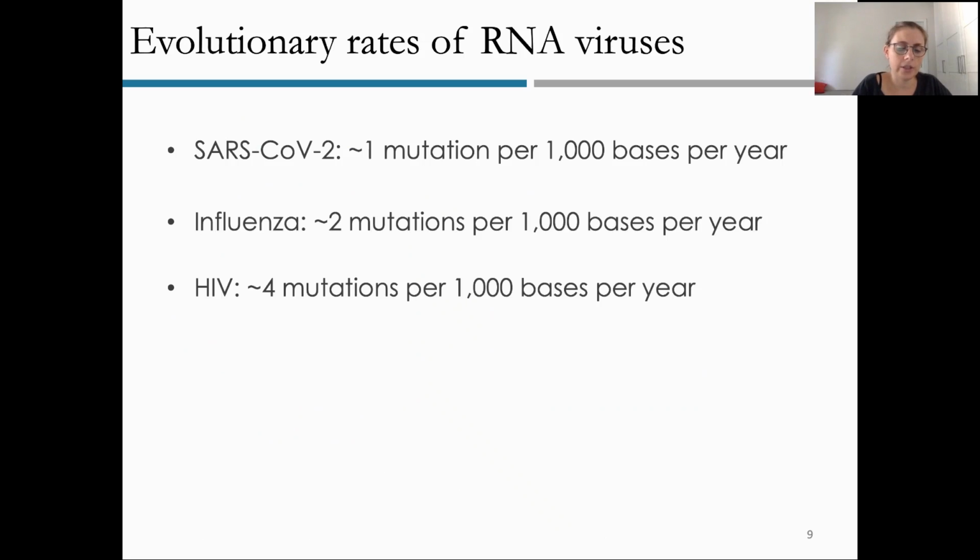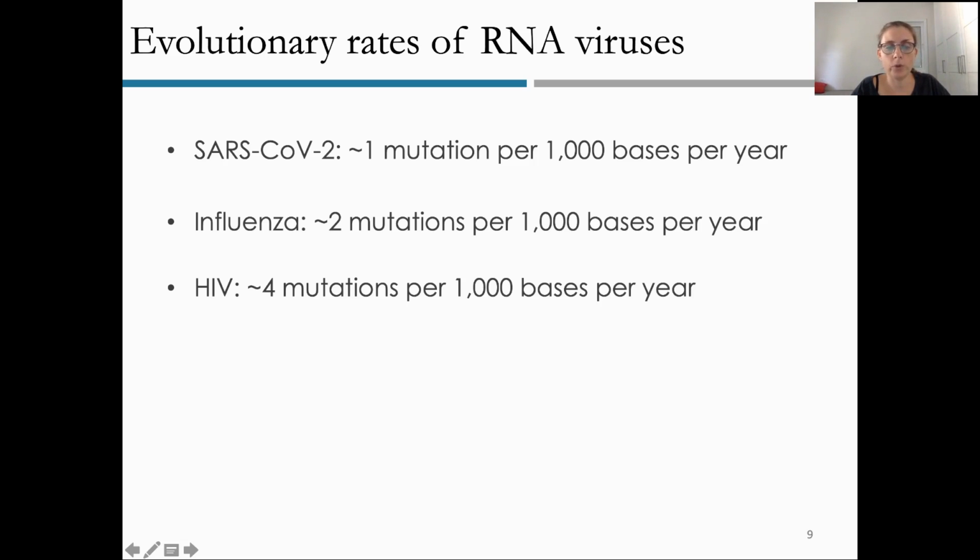But I'd just like to go back to what I discussed about the evolutionary rate, and this is a comparison of evolutionary rates of different RNA viruses. As I mentioned before, SARS coronavirus 2 has an evolution rate of 10 to the minus 3 per nucleotide per year. And if you multiply that by the genome length of the virus, what you get is 1 mutation per 1,000 bases per year.